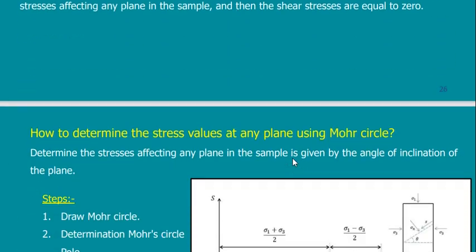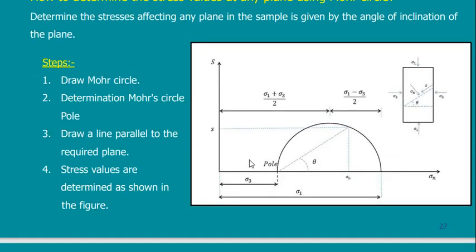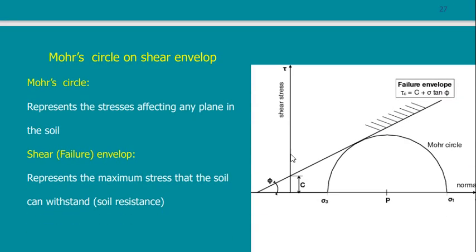We'll just skip this. This is a drawing here. If you look at this drawing, you will find that this line is the same line that we were discussing before. Here is the C, here the inclination is due to the phi angle.